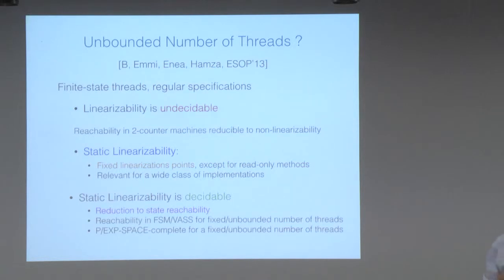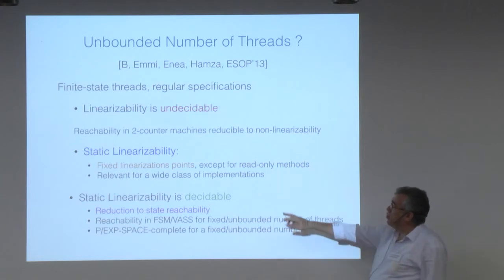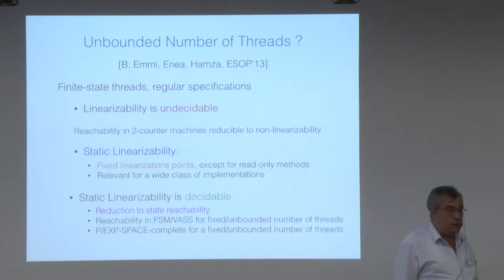This is quite okay for many implementations, because usually you look at the place where you commit some data, and this is the linearization point. So in that case, the problem becomes decidable.